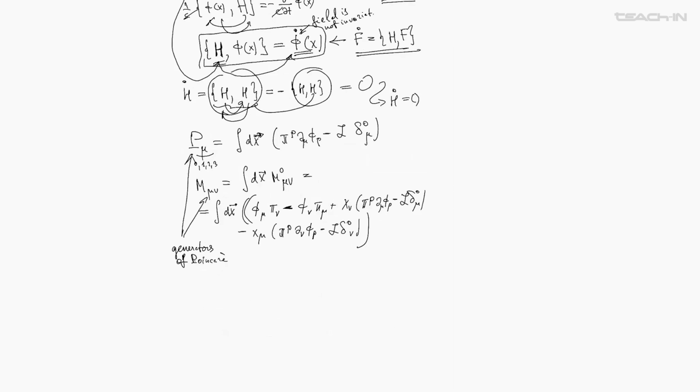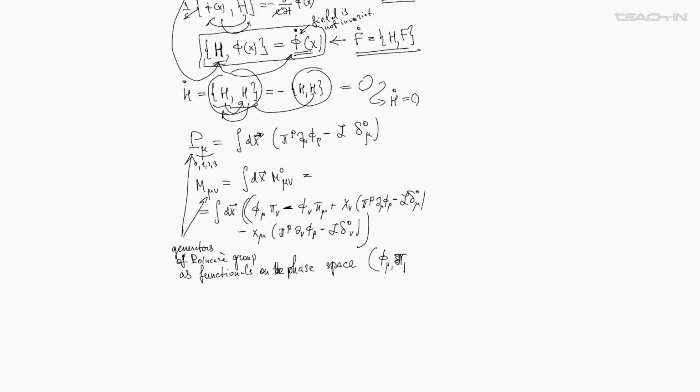As functionals on a phase space. And phase space, what is this? This is a phase space which is generated by fields, where coordinates are fields and their momenta, φ^μ, p^μ.